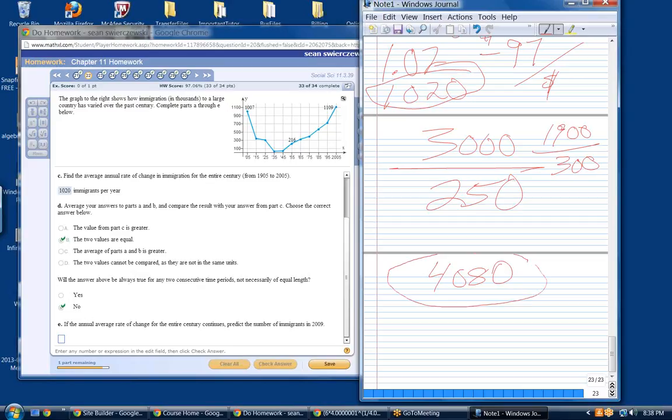That's how many immigrants are going to be added over the next 4 years, but we're adding it to 11,090,000. So the number of immigrants we're going to have is going to be 11,113,080.